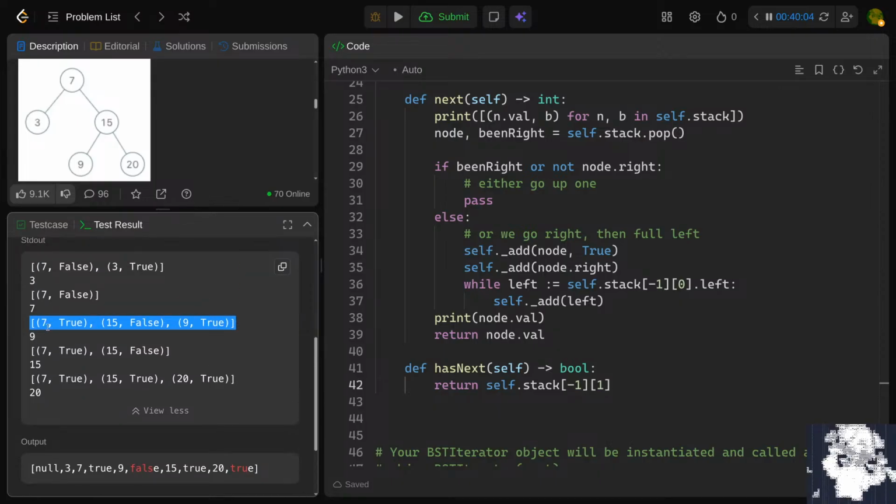So at 9, the stack looks like this. 7, we have been right. 15, we have not been right. 9, we have been right because it doesn't have a right. So then you return this and you go up because this is true. So now you're on this, and that is what we're on. So now we're on 15 and we have not been right.